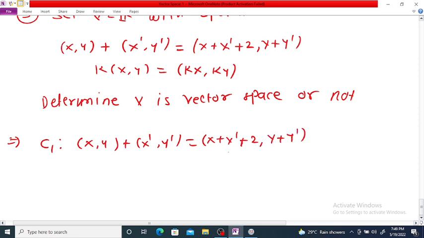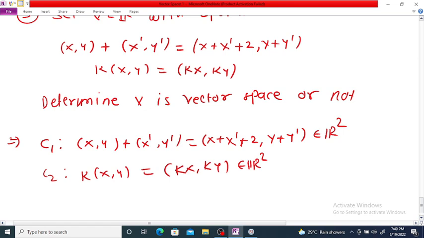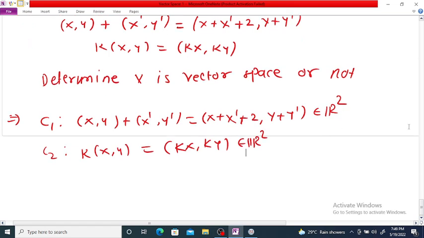Since these x, y are all real numbers, x dash, y dash is also real number, so this (x plus x dash plus 2, y plus y dash) is also real number, so it lies in R square. And C2 is defined as k is any scalar and (x, y) is any vector, then (kx, ky) also lies in R square for any scalar k, where k is a real number. So the first two conditions hold.